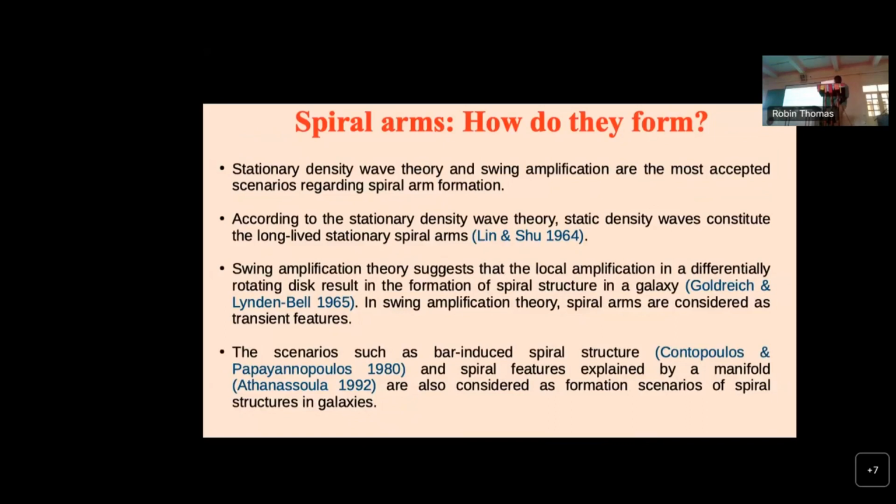I will come to stationary density waves soon. Another one is swing amplification. Swing amplification says there are some perturbations here and there in the galaxy, and because of that we are seeing some spiral structures. Bar induced and manifold theories were also there, but the most accepted are spiral density wave and, to an extent, swing amplification.